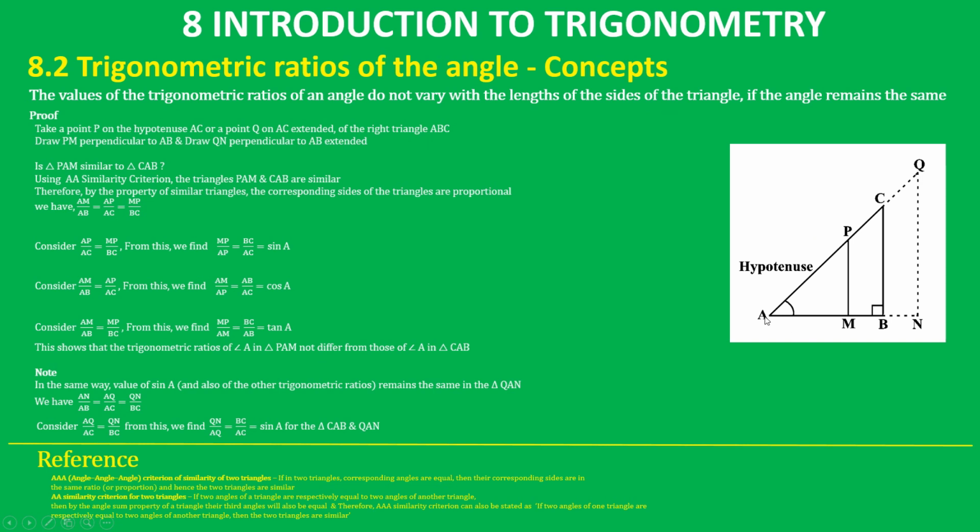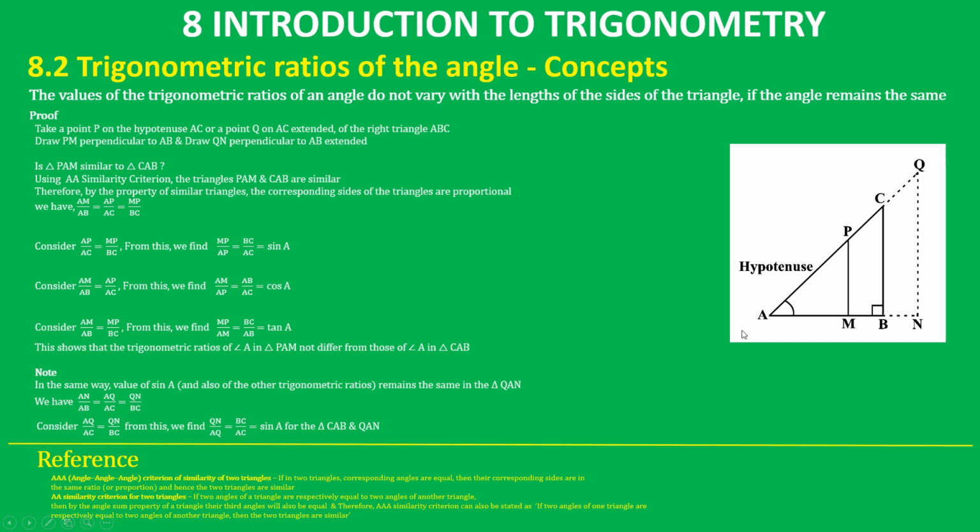What are the lengths? AB is a length, and AC. If you write sin A, what is sin A? BC by AC, correct? BC is the opposite side to angle A and AC is the hypotenuse. It will have some value, right?